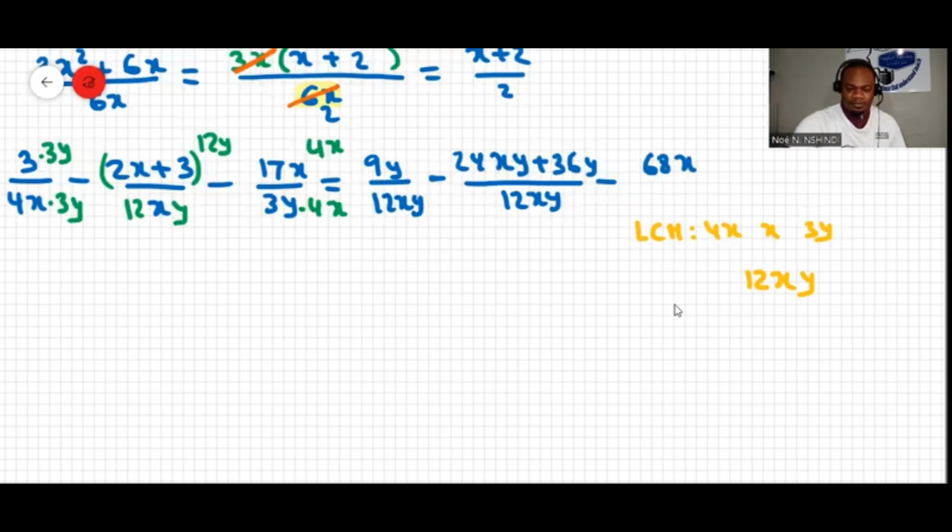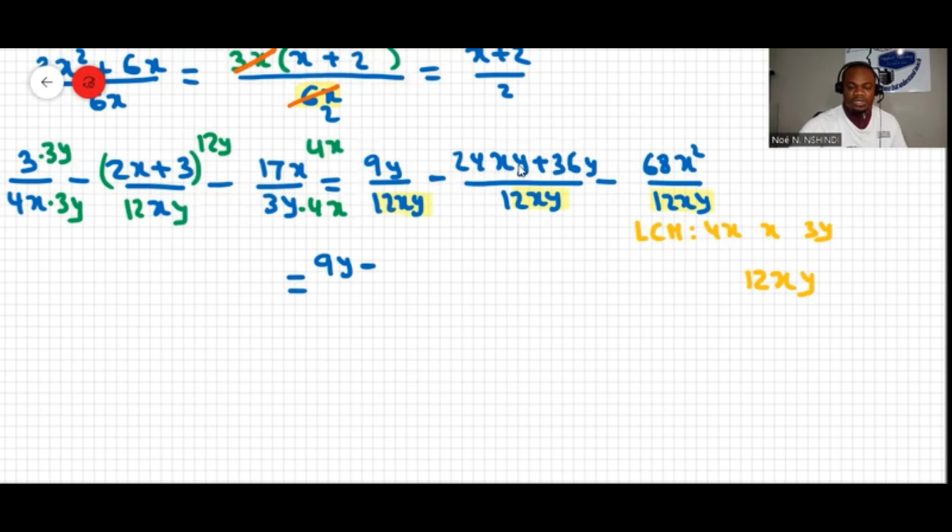And then minus 68x squared over 12xy. Now that the denominators are common, we have 12xy, we can combine the numerators. So we can write 9y minus, the negative sign here is the negative sign for all the terms at the numerator.